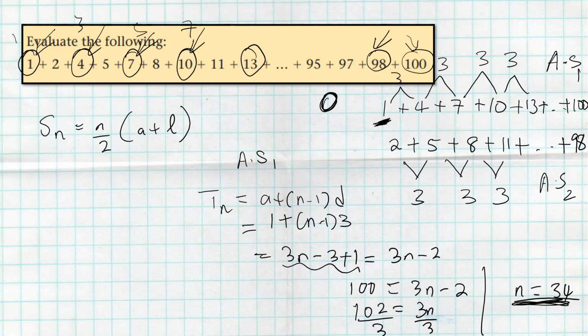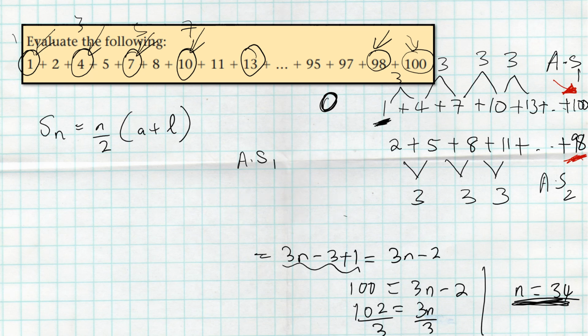So that's why, if you check the red pen here, I put 100 as the last term on arithmetic sequence 1, and 98, because after arithmetic sequence 1 we have arithmetic sequence 2. So 98 is the last term for arithmetic sequence 2. Okay, so that's it.